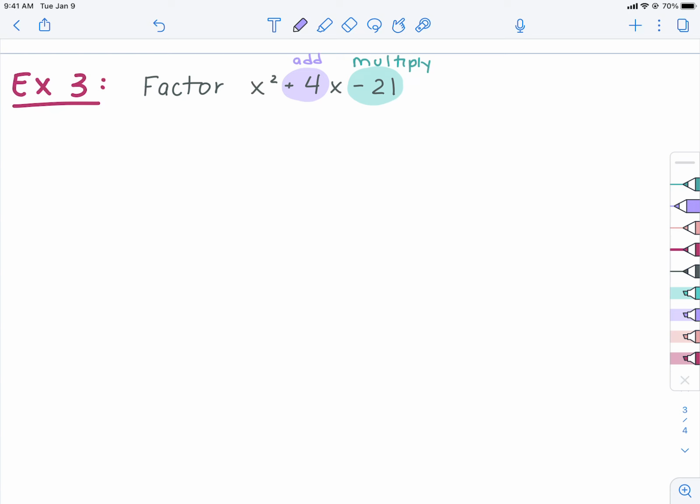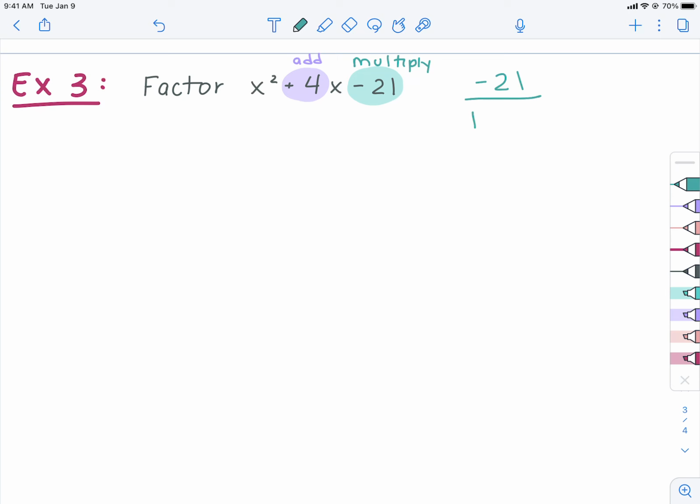So now, again, I'm working with a negative, so I know when I'm looking at my factors, I'm going to have to include negative numbers. If both of my numbers were positive, like they were in the first one, I didn't have any negatives in my factors. But in order to get negative 21, I'm going to need negative numbers. So I need factors of negative 21.